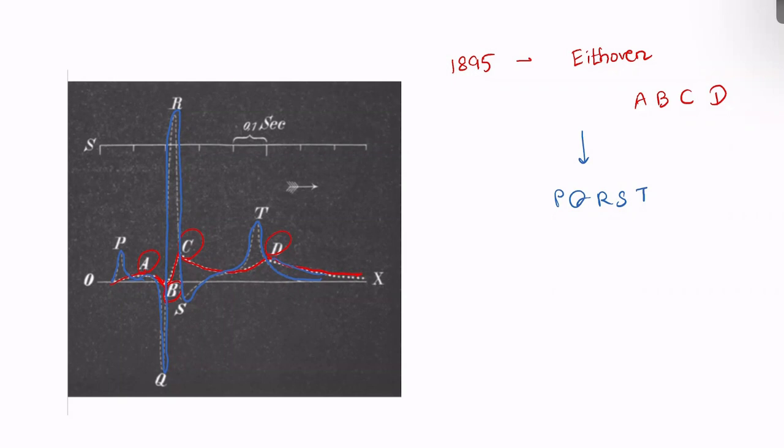So he chose the middlemost letter of the English alphabet, which is N. So these waves should be termed NOPQR.